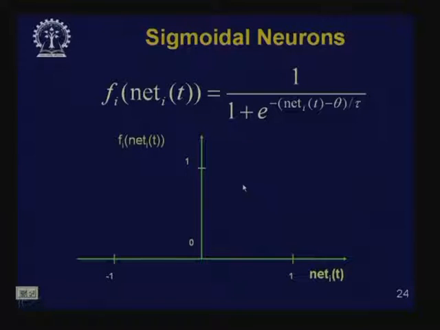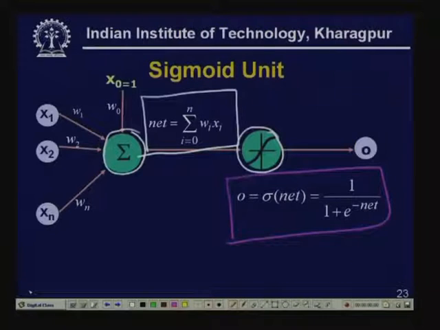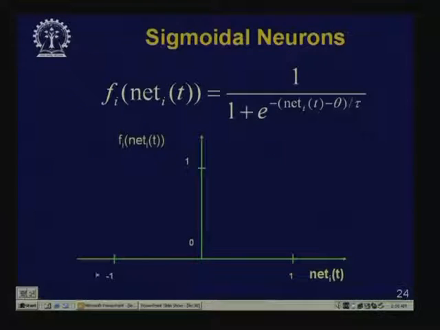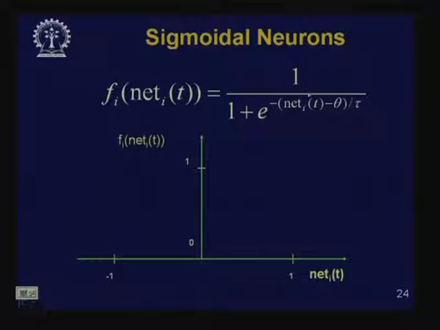Now, a more general form of the sigmoid function is this: 1 by 1 plus e to the power minus net minus theta by tau. Theta is the threshold. If theta is equal to 0, the S-shaped function that we get is placed around the origin.